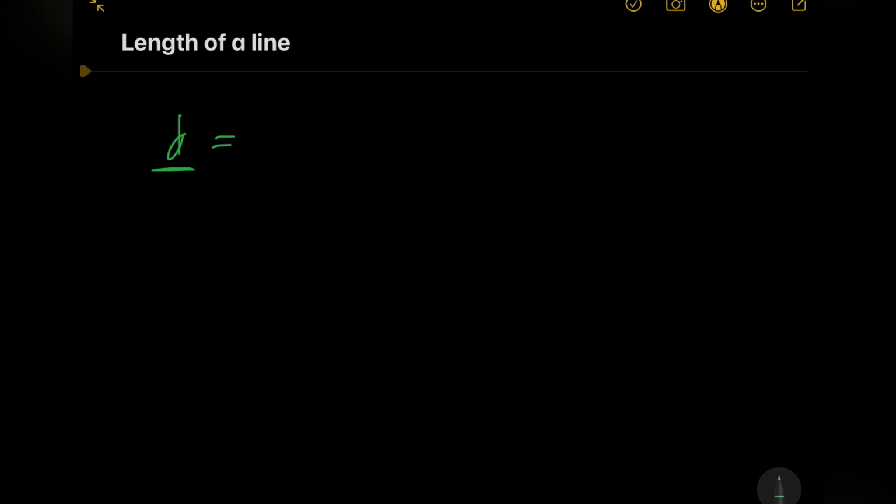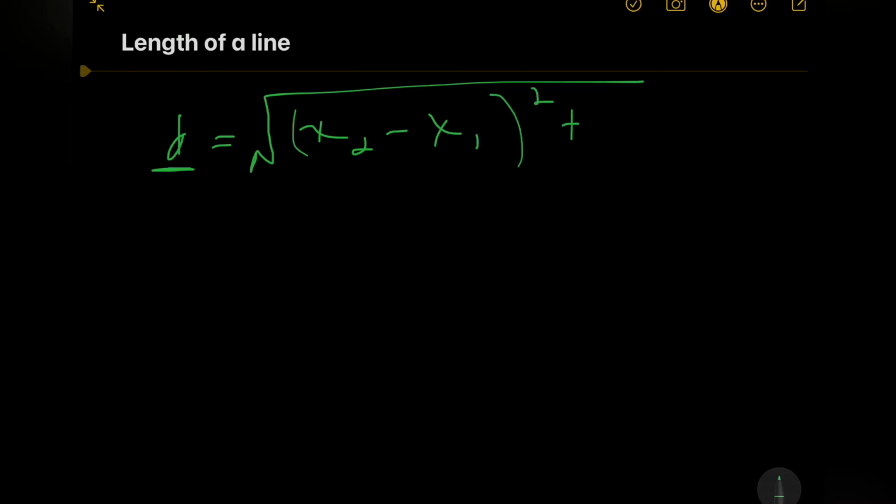So D, which is the length of the line, or length of the line segment, is equal to the square root of x2 minus x1 all squared plus y2 minus y1 all squared. When we evaluate what is under the square root and we find the square root of whatever we get, then we find the length of the line.